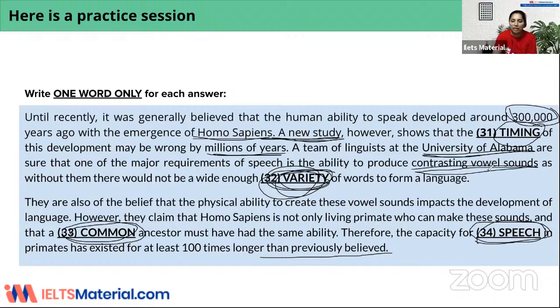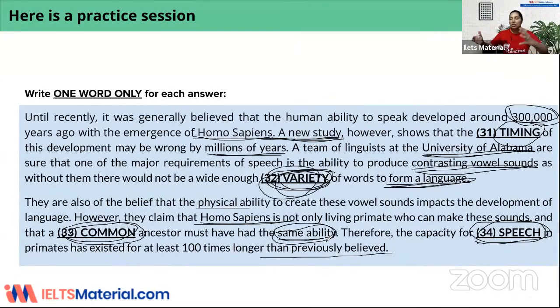Vowel sounds I've already marked to form a language or to develop a language. So that is again paraphrased. And then they also described how the physical ability to create vowel sounds impacts the development of language. And Homo sapiens is not the only living primate who makes these sounds; a common ancestor also does, which has the same capability.